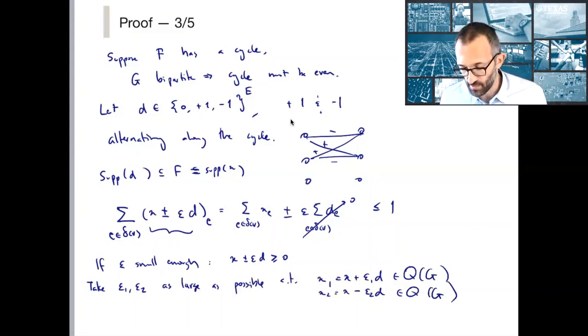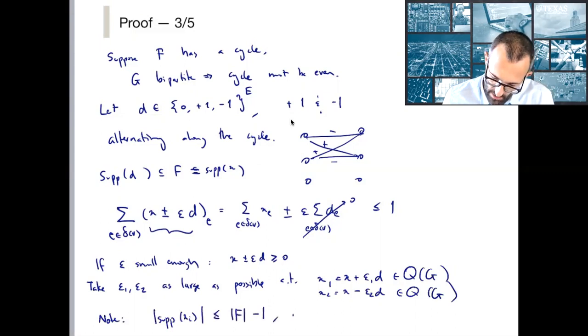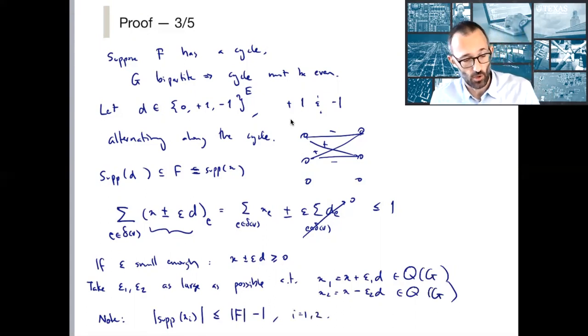Well, we stopped because some x became 0. So basically the point here is that we have achieved this. The support of x_i is less than F minus 1 for both of these. And therefore, the inductive hypothesis holds, and we're in business. Okay, so if F has a cycle, we know that the theorem holds.